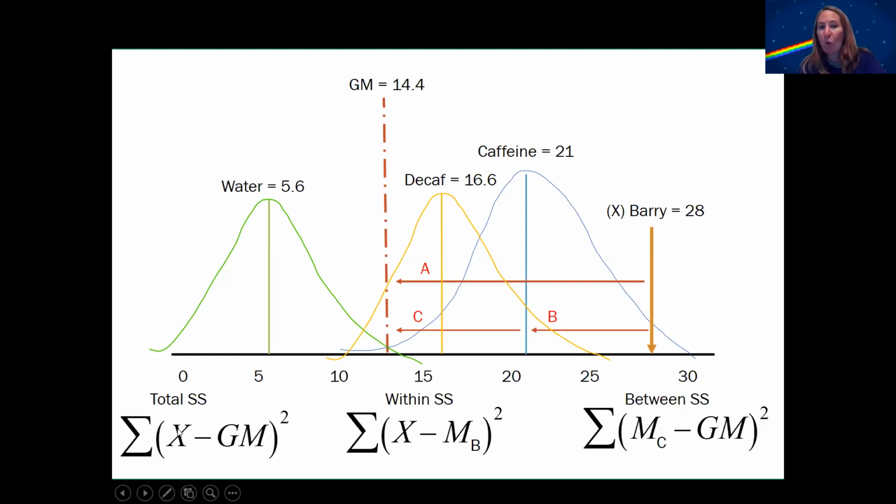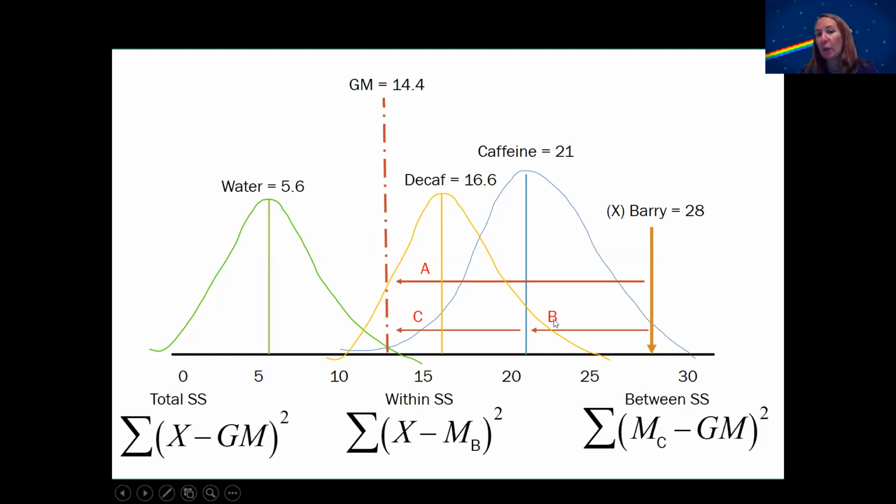If we took Barry's score, 28, subtracted the grand mean and squared it, and then we took every single participant in the entire study and did this, the score minus the grand mean, squared it, and summed it all up, okay? That would be our total sums of squares. It is the sum of the squares of all of our participants in the study compared to the grand mean.